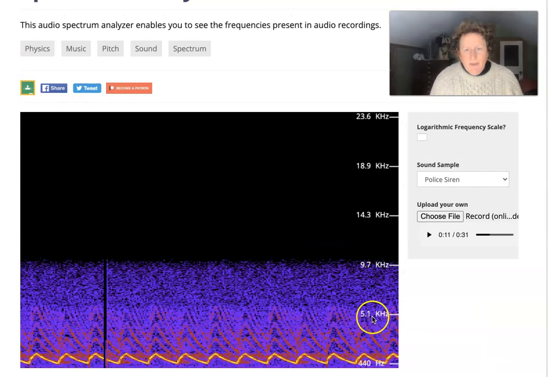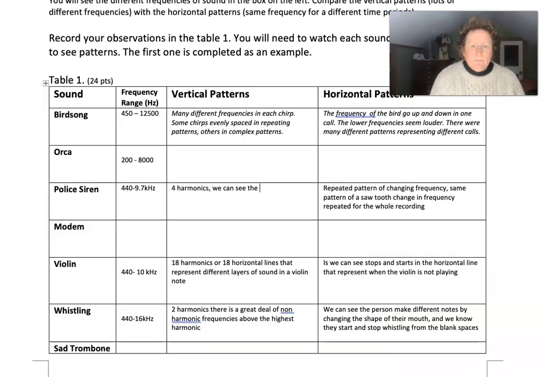So we can say there's a pattern between 440 and 5.1, and then from 5.1 to 9.7, it's kind of an irregular smattering of frequencies. So from 440 hertz to 5.1 kilohertz, I should really put a hertz here, we see regular patterns.